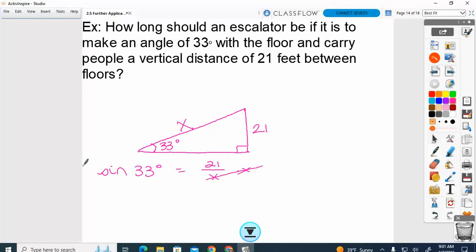To solve, we always have to multiply by what's on the bottom, which means then we have to divide by the sine. Divided by the sine of 33 degrees. How many significant digits? 2. So we get 38.5576, so we round that to 39 feet.